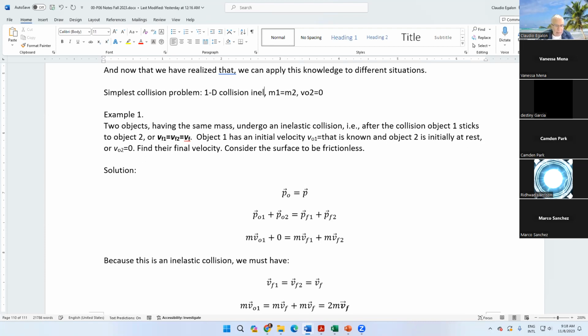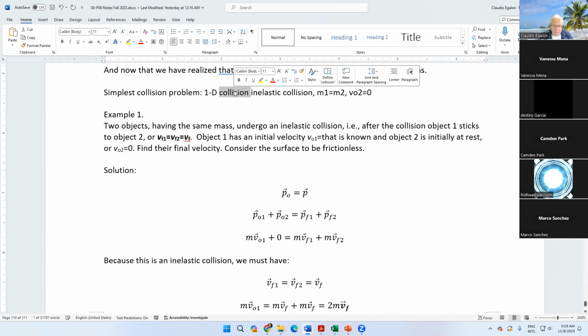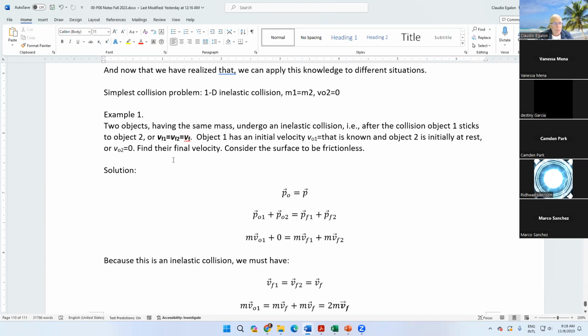One-dimensional inelastic collision, M1 equal to M2, right? V02 equal to 0.